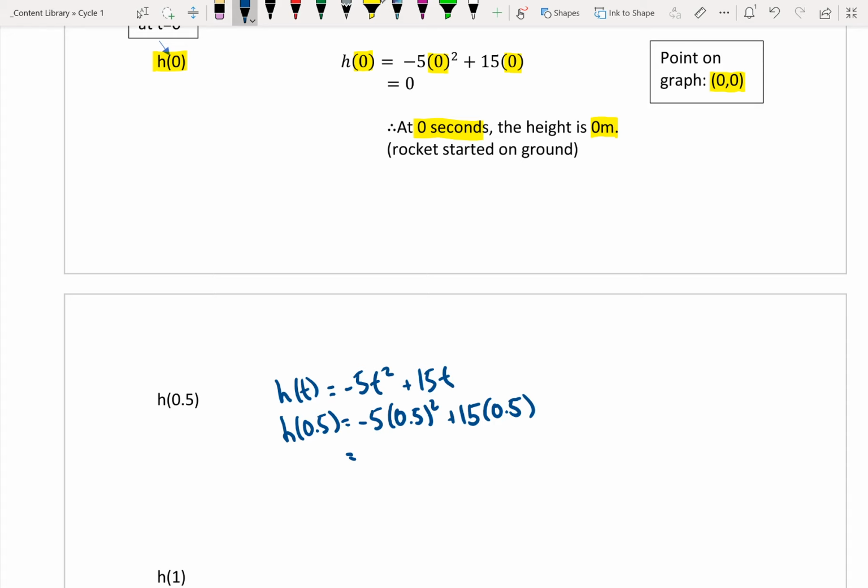So if I have 0.5 squared, I have negative 5 times 0.25 plus 7.5. So I get negative 1.25 plus 7.5, I get 8.75 as my final answer.